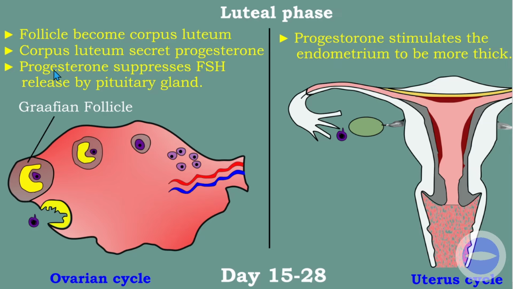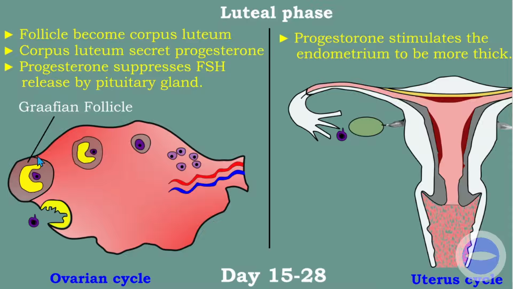You must know that the progesterone, as it is released by the corpus luteum, prevents the pituitary gland from releasing FSH. We won't have FSH, because if the pituitary gland releases FSH, another follicle will start developing. So we have to prevent this development. This development is prevented by the progesterone, which is released by the corpus luteum.